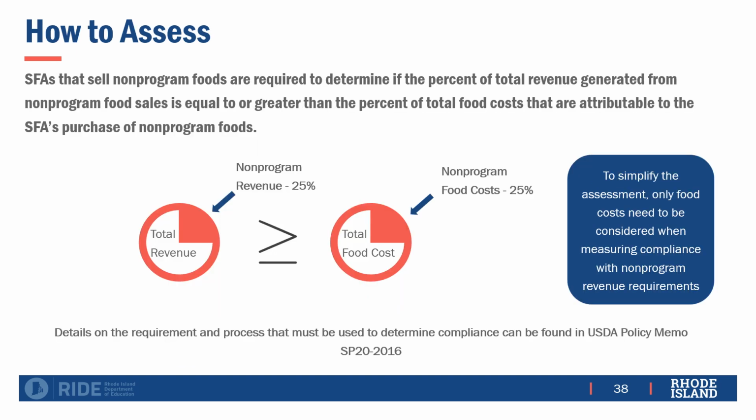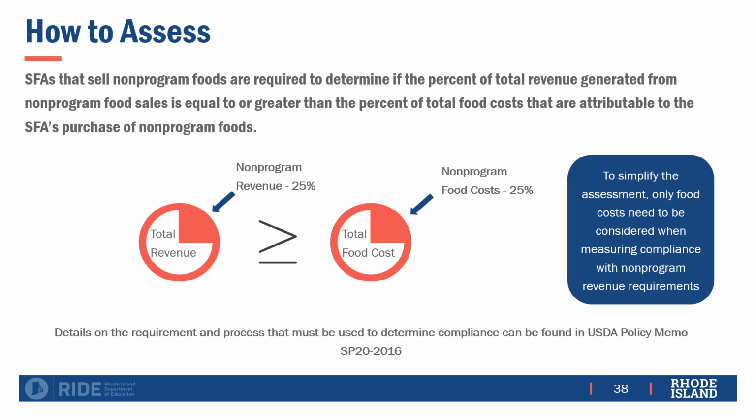SFAs that sell non-program foods are required to determine if the percent of total revenue generated from non-program foods is equal to or greater than the percent of total food costs that are attributable to the SFA's purchase of non-program foods.